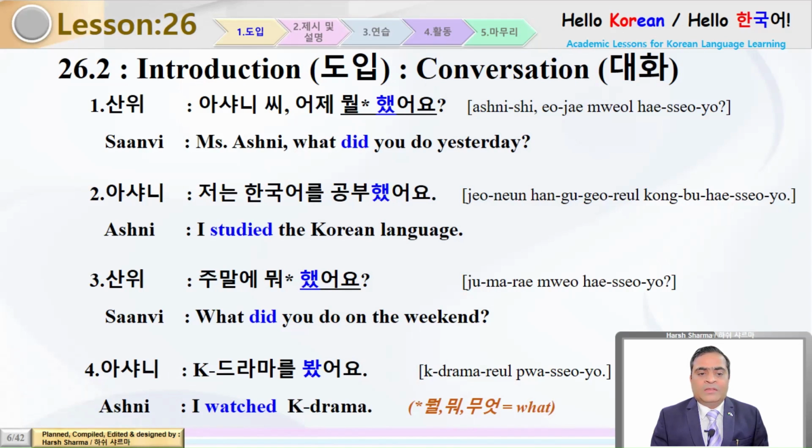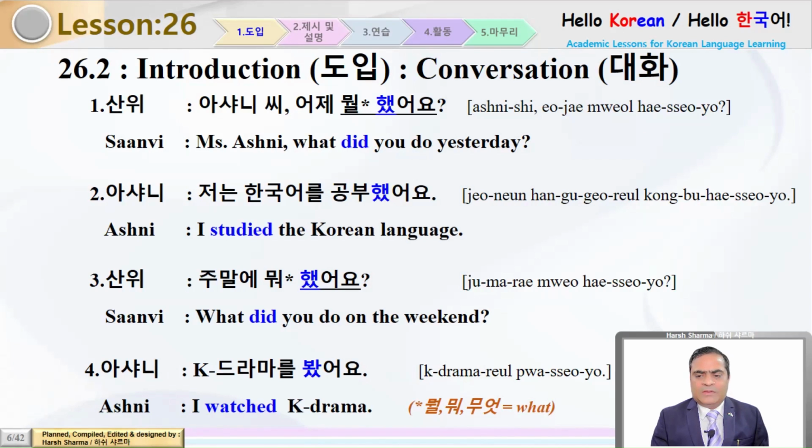Number three, 주말에 뭐 했어요? Then in the fourth sentence, finally Ashni replied, K 드라마를 봤어요. If you see sentences 1, 2, 3, 4, in the blue color you can find in the batchim there is a double S. Yes, this is the past tense marker here.